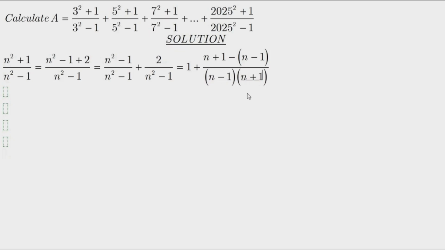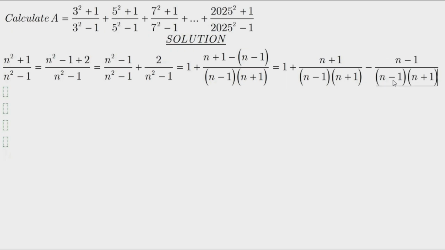Now we have to separate the fractions into two fractions again. That will be equal to (n plus 1) divided by (n minus 1)(n plus 1), and then minus (n minus 1) divided by (n minus 1)(n plus 1).